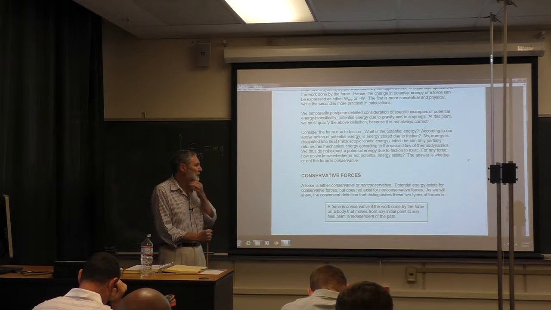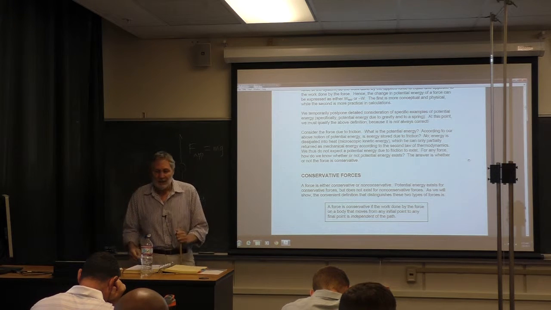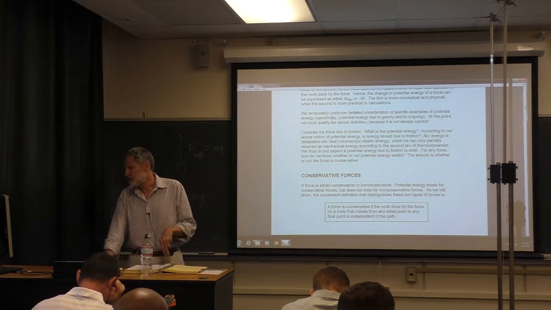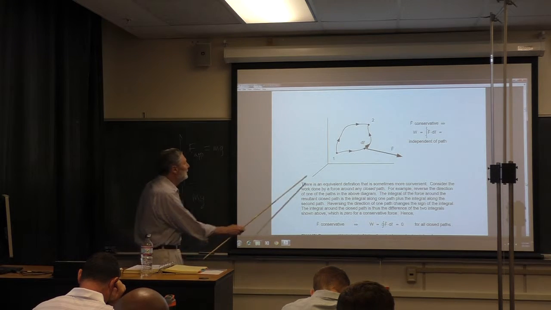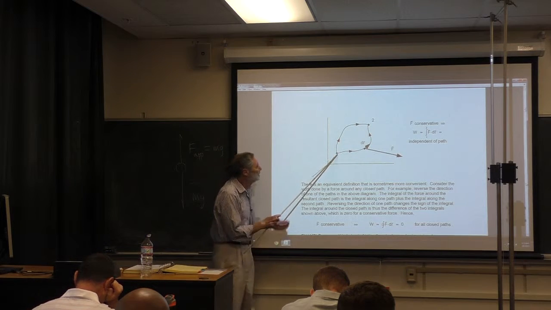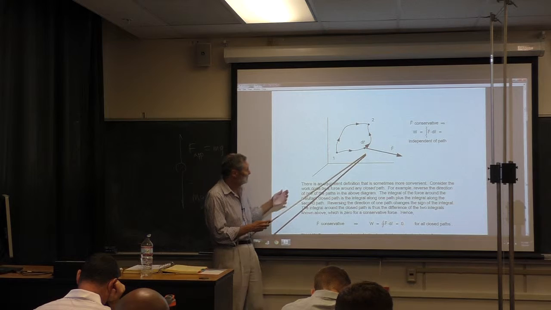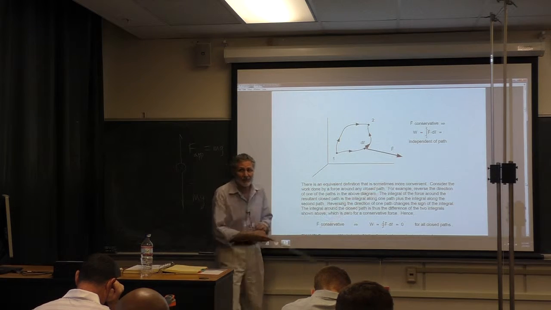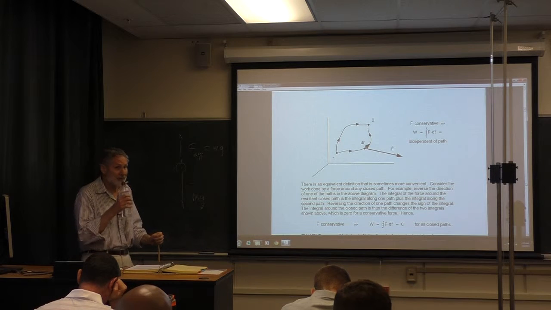A force is said to be conservative if the work done by the force is independent of the path. So what does that mean? So here we are. This is like X, Y, and Z, right? We start from one point here, and you can imagine this to be anything. This force here could be the gravitational force, the force of a spring, or a frictional force.